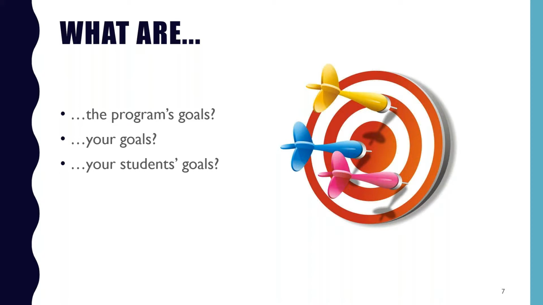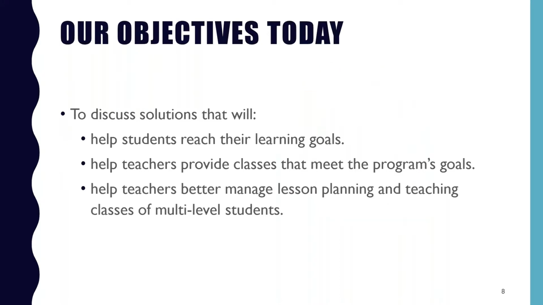So usually the program's goal is not finishing a textbook, right? It's meeting certain objectives. It's the students progressing towards some goal, some acquiring a specific list of skills. And our goals as teachers are usually to help the students meet these goals. And then often students have individual goals that we want to help them meet.